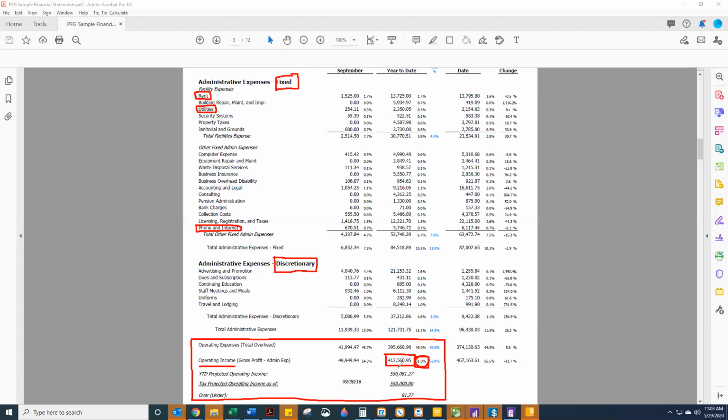And so for us, we use this number all year long to project how much income we think you're going to make, and therefore be able to project how much you're going to owe in taxes for the year. And we do that calculation multiple times a year to make sure that we stay on top of your tax bill and how much you're going to owe, and make sure we have a plan for that. So very important number, operating income percentage, very important to think about and make good business decisions to try and increase that number.